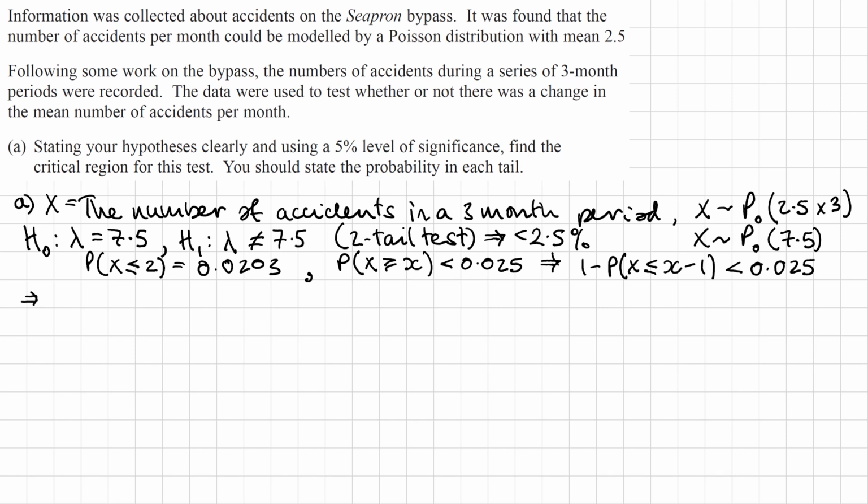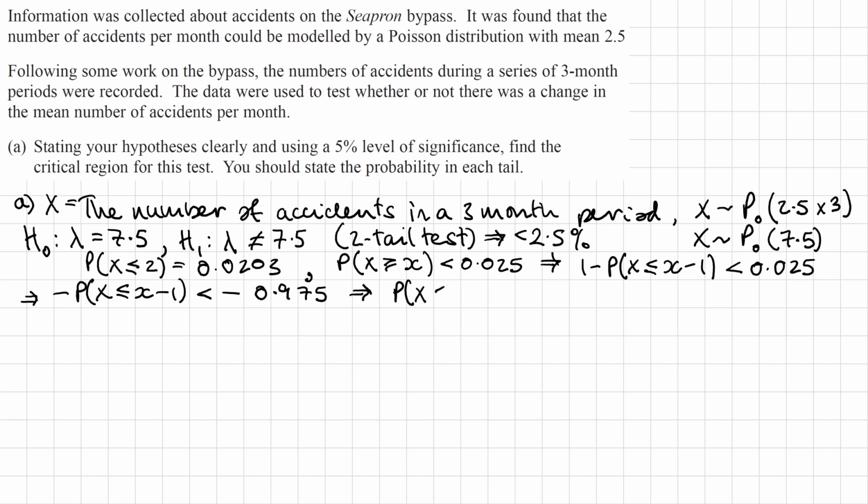So let's do that. We'll have negative probability X less than or equal to x minus 1 is less than negative 0.975. We get rid of the negatives, which means we need to flip the sign.